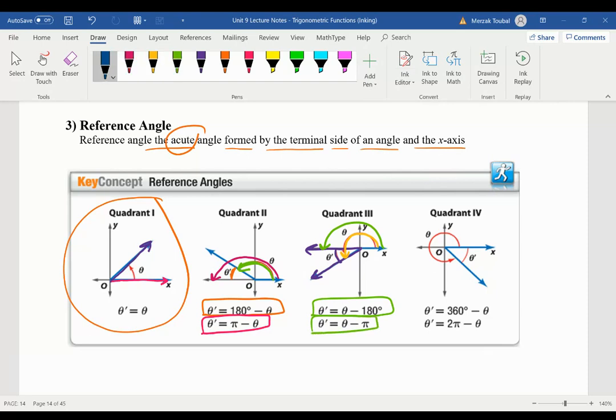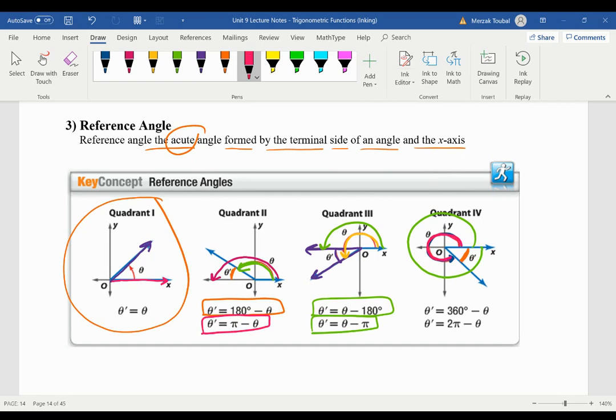Last case, if the angle is in quadrant 4, as you see, then our reference angle will be this angle, theta prime. How do I find it? Well, this is 360, the entire circle, minus theta.